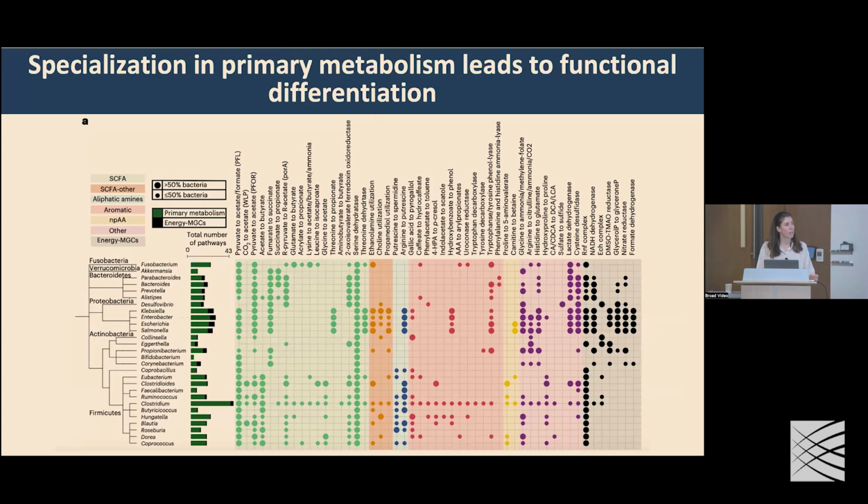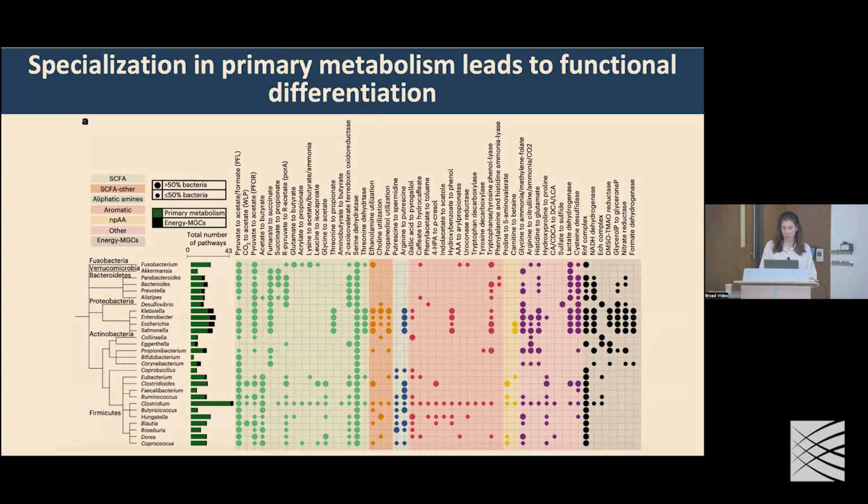So if we find a large dot, it means that more than 50% of the bacteria from this genus encode the pathway. And if the dot is small, it means that less than 50% of the bacteria do. This was just to simplify. And the colors represent the different types of pathways based on the output metabolites.